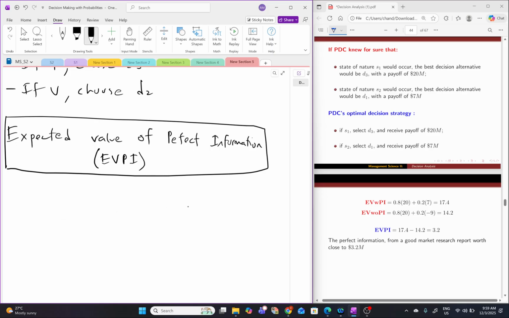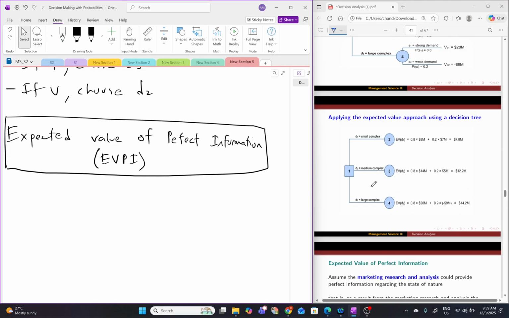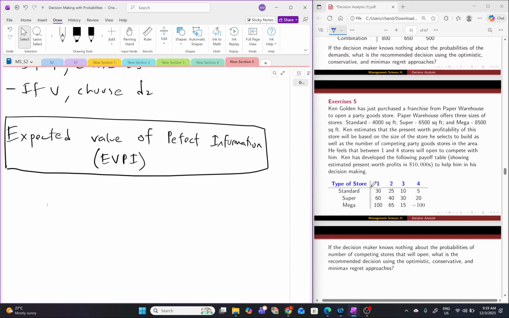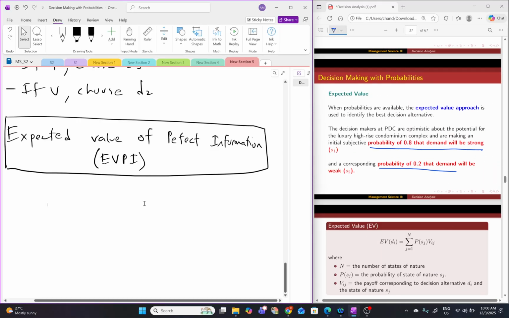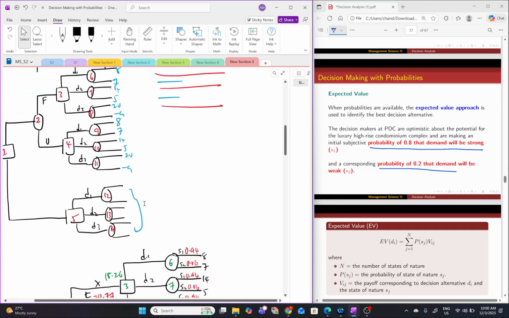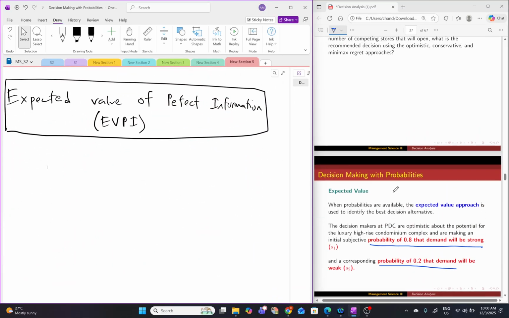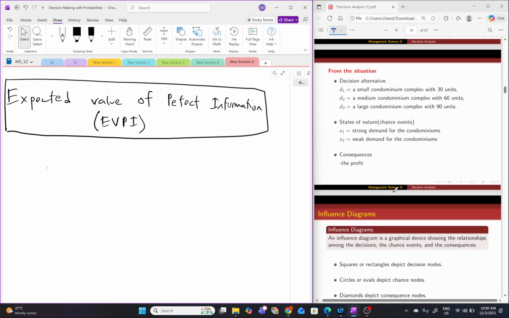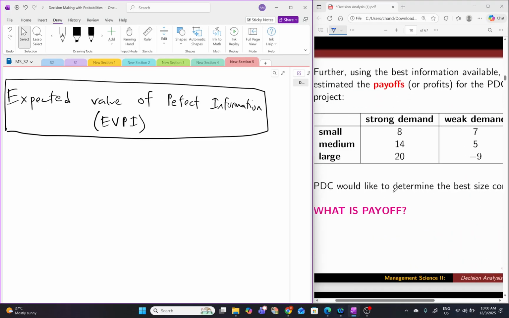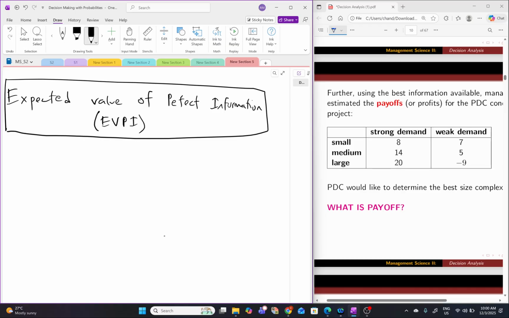First of all, go back to the jadual here. I want to take from here, put on the table just now, the first table. Expected value.